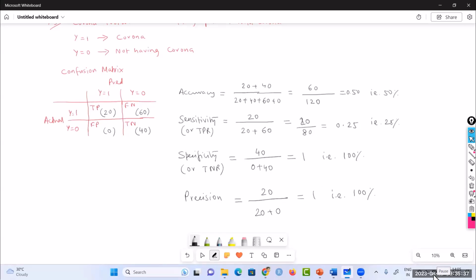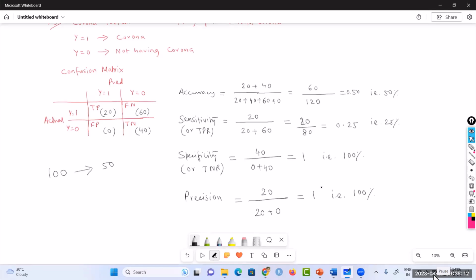So here, if I try to analyze this, what is it trying to predict? Accuracy means how many are correctly classified. That means out of 100 individuals, 50 are correctly classified. That means patients who are actually having corona are predicted as corona, and patients who are not having corona are predicted as not having corona by my corona toolkit.